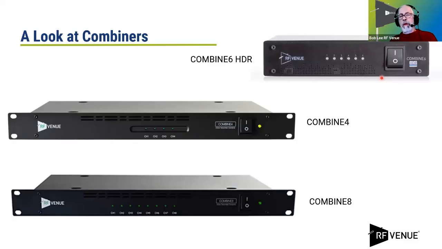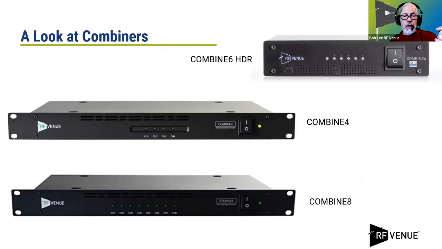That way you can put one in a single rack space, or you can put two in a single rack space. And there you have it. You can have 5 receiver feeds of distro and 6 channels of IEM combining in one rack space. Now we also have the older models, the Combine 4 and the Combine 8.